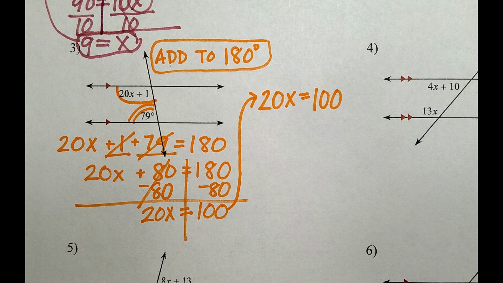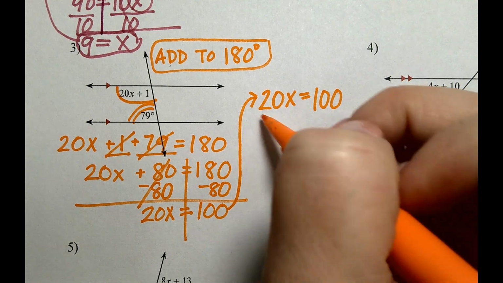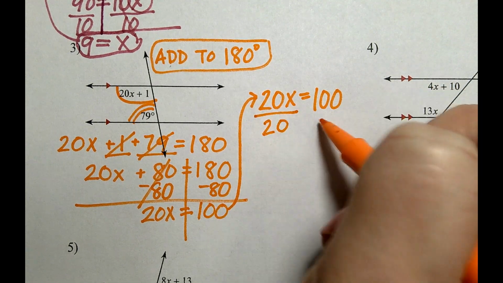One step left. What is my final step here? Divide by 20. Good.